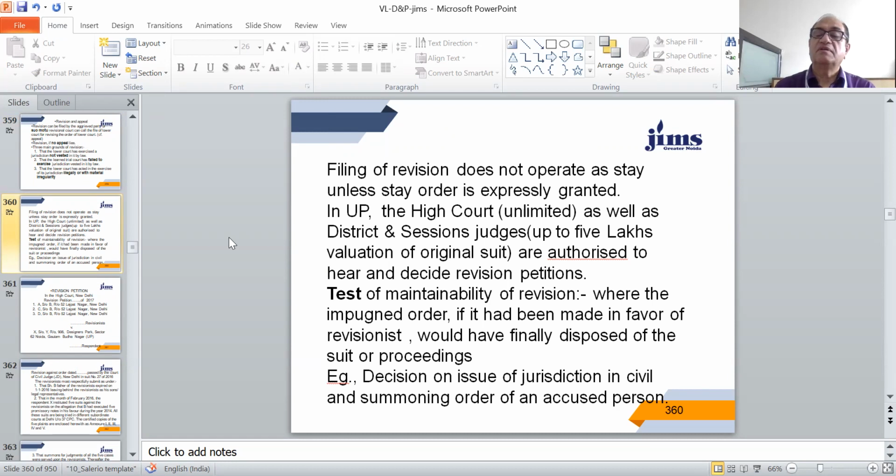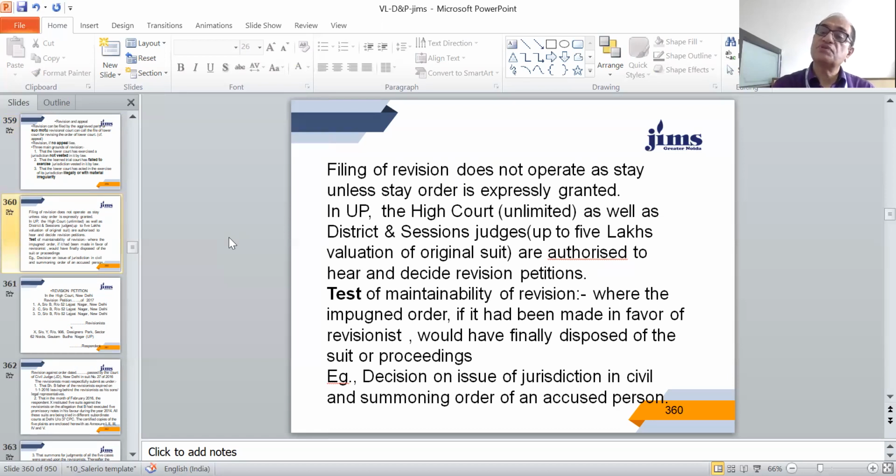So, say for example, the court has decided an issue of jurisdiction, that the court has jurisdiction to decide this case. Now you negate it, you reverse it, that the court has no jurisdiction to decide this particular case.